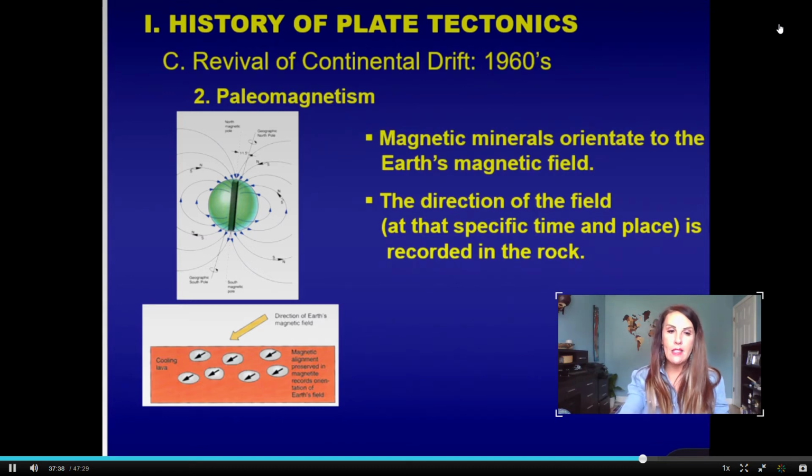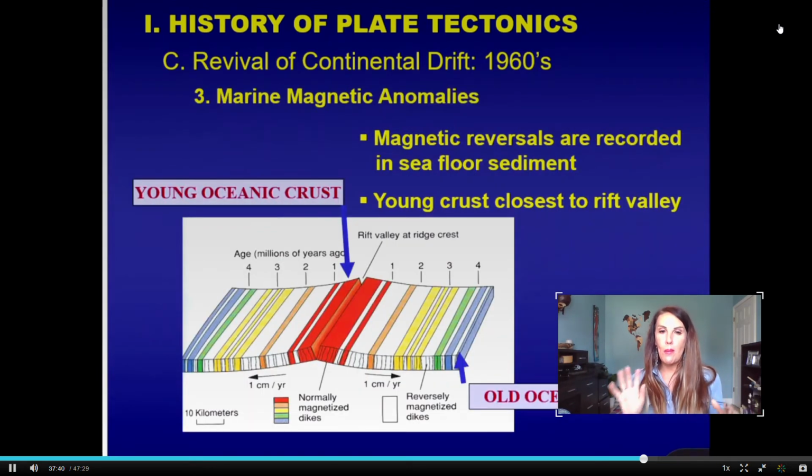Now, how this relates to the story of plate tectonics is that Vine and Matthews went back to those cores on the ocean floor because they were looking for a pattern. And what they were able to establish is that those magnetic reversals have been incorporated into the ocean floor.